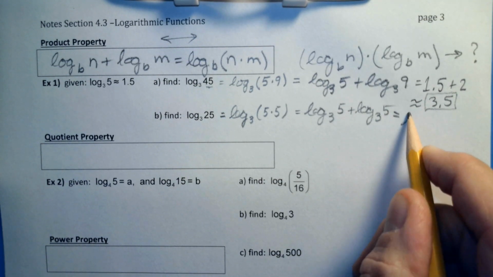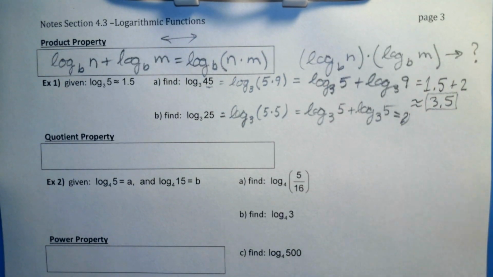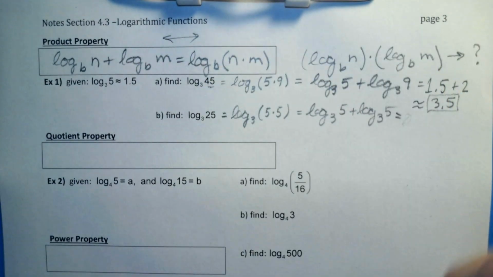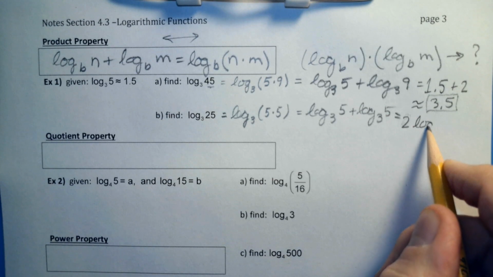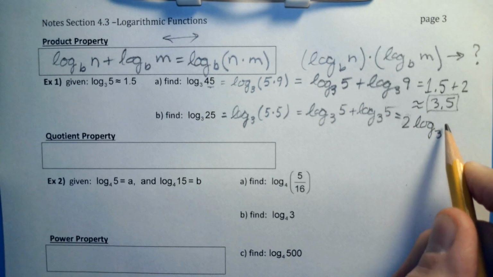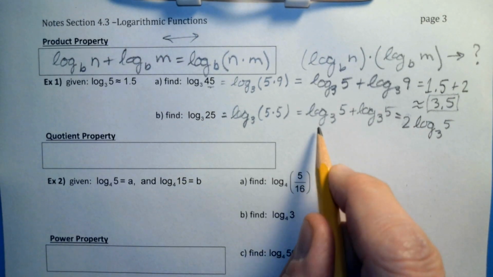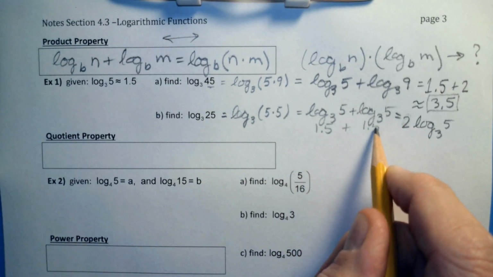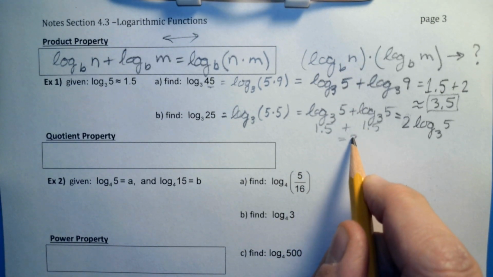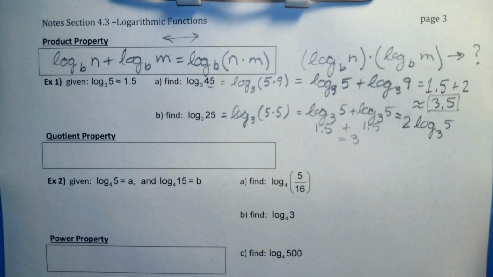Or you could write it as, there's 2 of them, right? So we could say 2 times log base 3 of 5. Now, of course, here we could say, oh, this is 1.5 plus 1.5, and so that's approximately equal to 3.